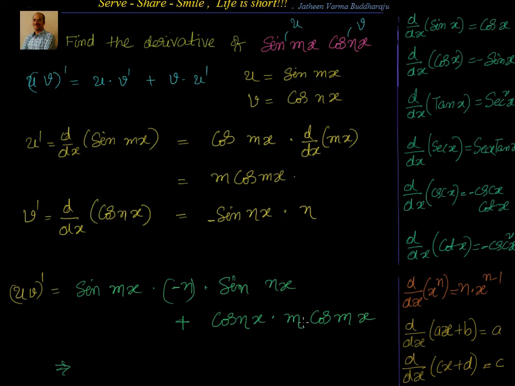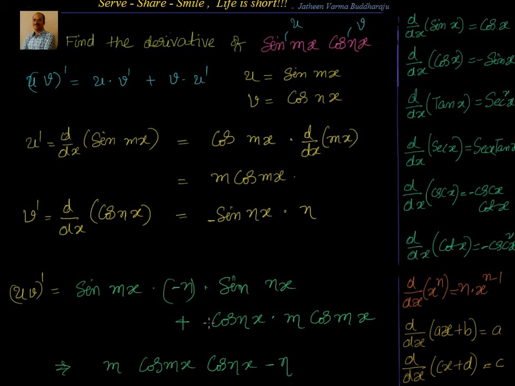Let's simplify this. If you put them in one order, positive first, I will have m cos mx cos nx, then the minus will come out.